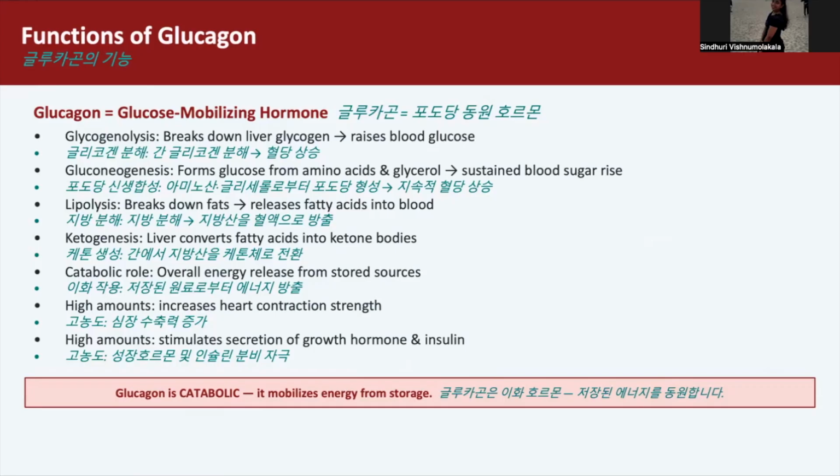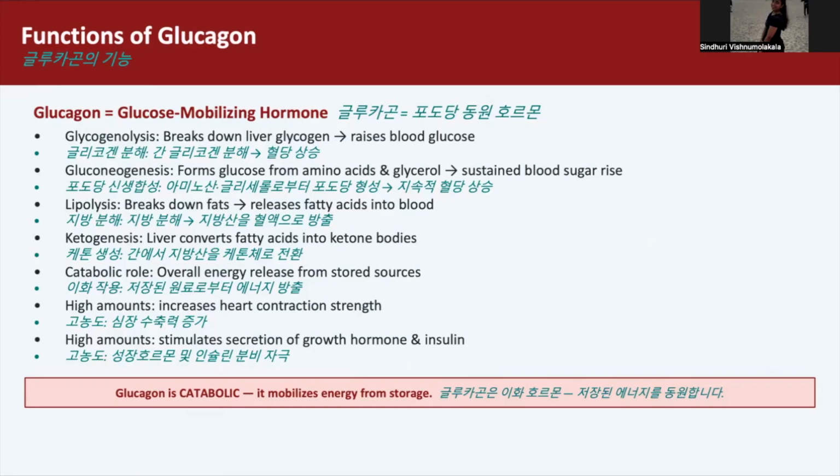It also forms glucose by gluconeogenesis. It is formed from amino acids and glycerols. This leads to a sustained blood sugar rise, whereas glycogenolysis gives us a rapid, immediate rise in the blood glucose. How? By inhibiting glycogen synthase and by activating cAMP formation.